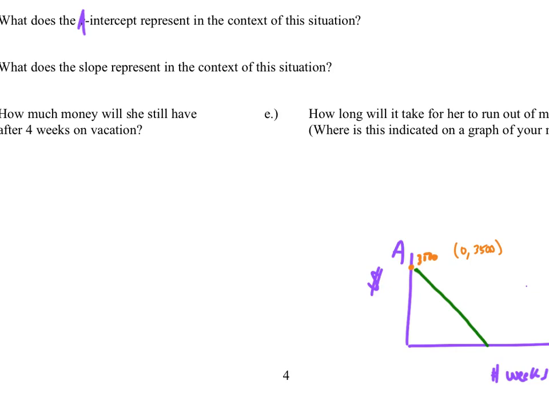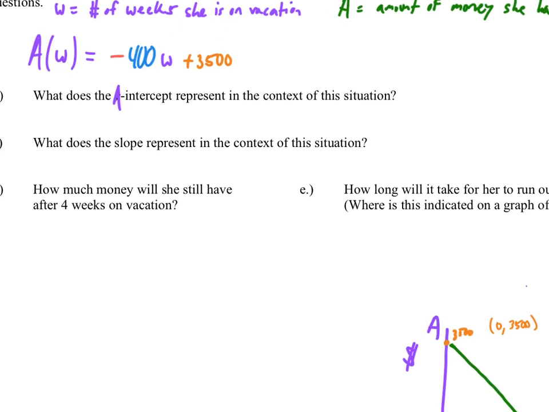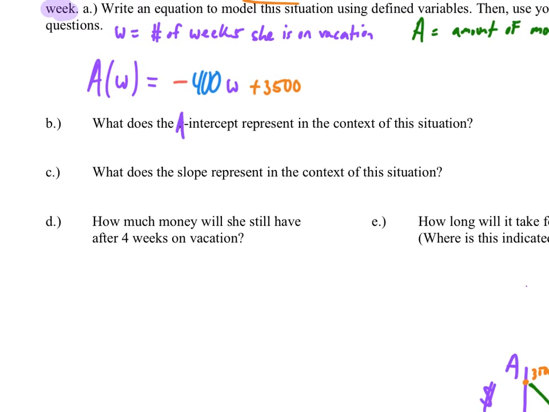And so if you don't know the y-intercept, if it's not graphed for you, how do you find it? You make x equal to 0, or in this case, W equal to 0. So I'd be finding A of 0 equals negative 400 times 0 plus 3500. Well, of course, negative 400 times 0 is 0, plus 3500 would be 3500. So our A-intercept or our y-intercept is 3500.